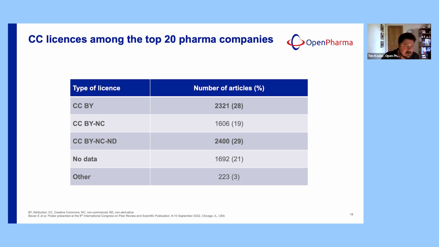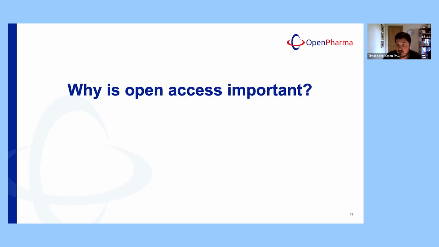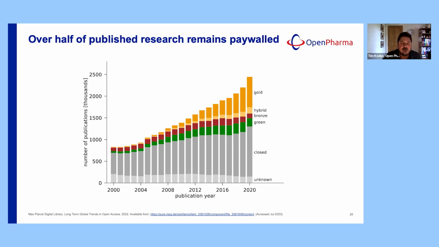So starting at the beginning, why is open access important? What's the point? What's the reason for you coming to this meeting? The short story from this graph is that paywalling, the inability to go and read the research, still affects about half of published medical research in the way that other people see it.